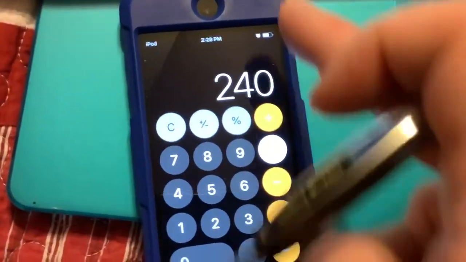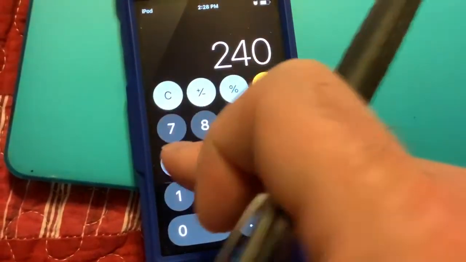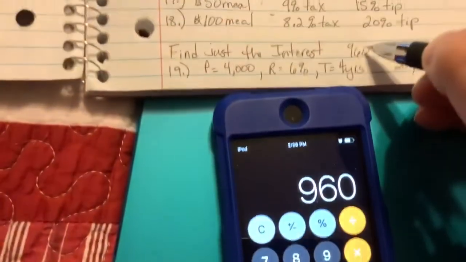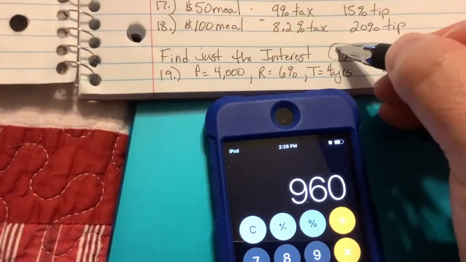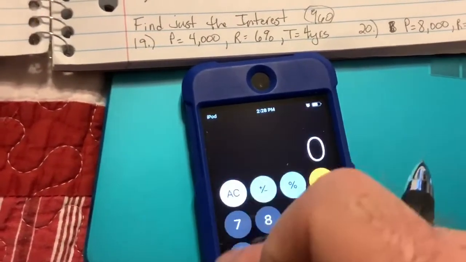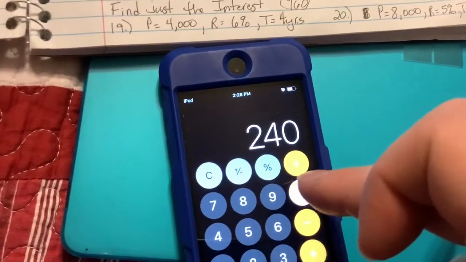And we're multiplying that times 4. So 960 is just our interest, 960.